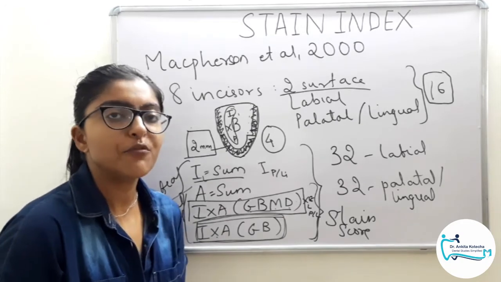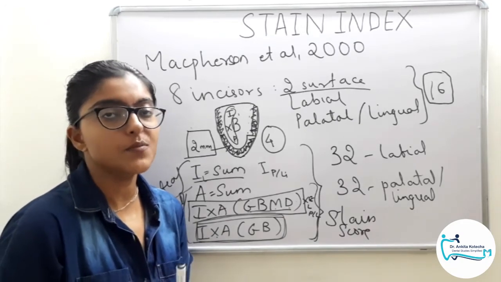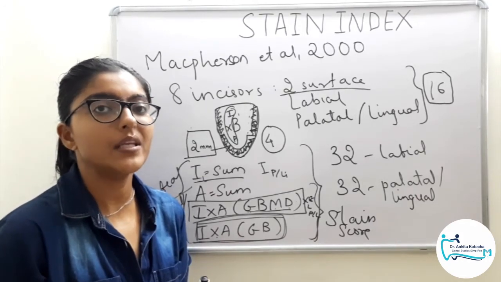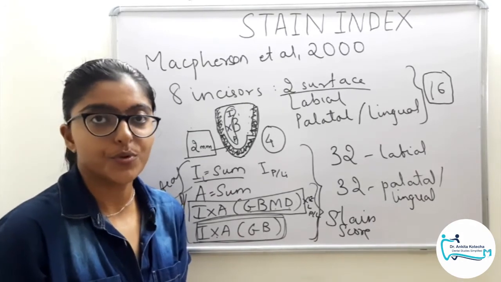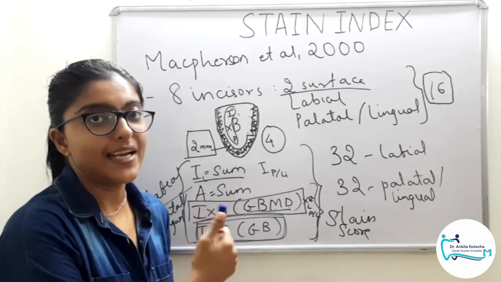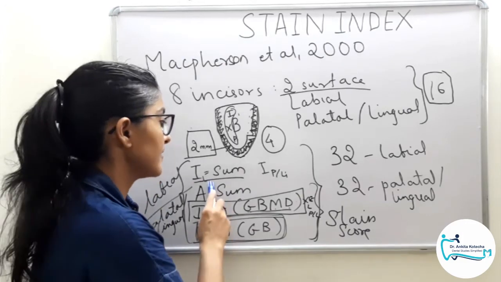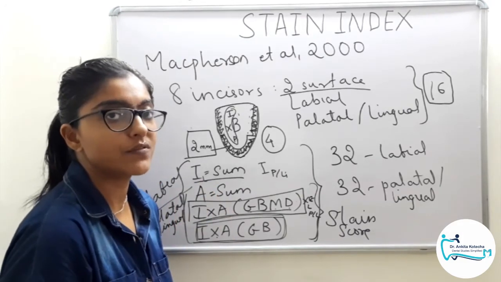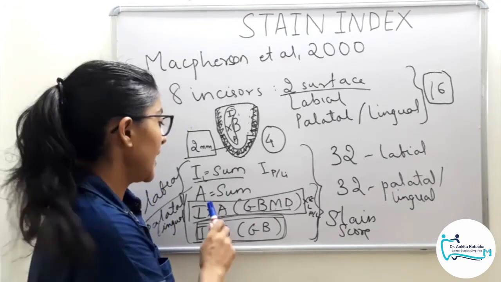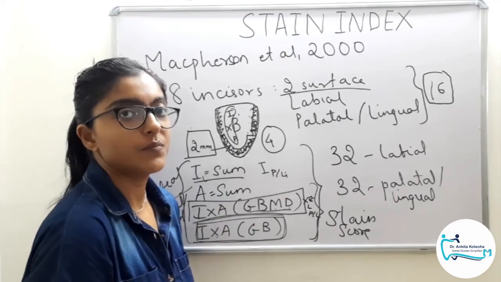Let me tell you, if we are asked to describe the stains present in a particular case, how do we write them? We start by describing the color and then the distribution. Similar is the pattern of the values achieved or obtained at the end of recording this index. That is the intensity, which denotes the depth of the color, that is orange to brown or dark brown to black, and the area of distribution. Clear?